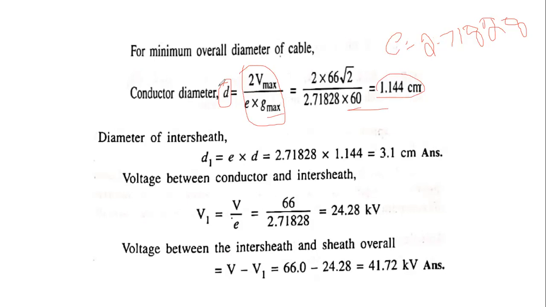Next, we calculate the diameter of the inter sheath, that is D1. Therefore the diameter of the inter sheath D1 is equal to e into d. Remember this formula, D1 is equal to e into d, where e value is 2.71828.